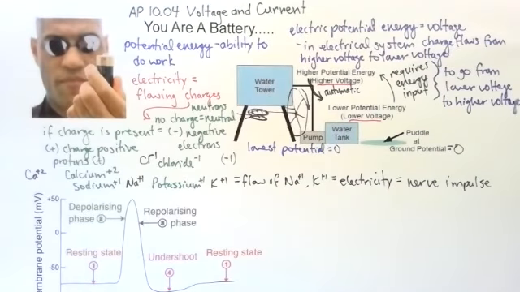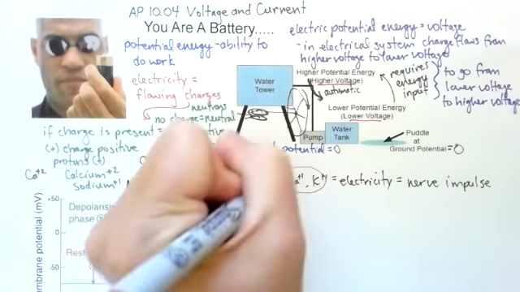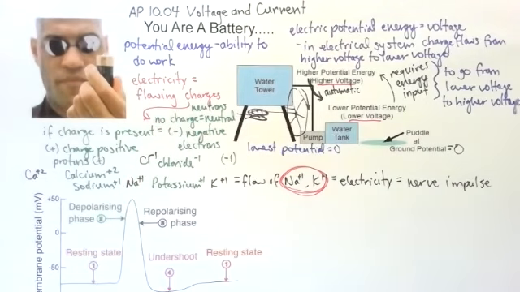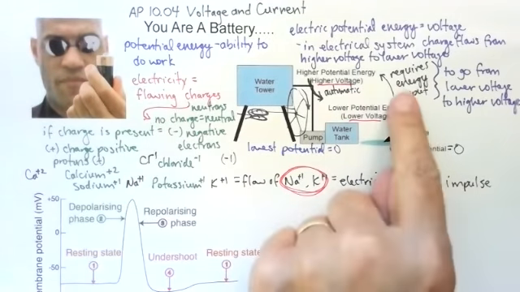And what is it that's flowing? In this case, it's sodium and potassium. Again, we talked a little bit about the role that calcium had in muscle contraction, but for our purposes, I'm going to circle this in red. We're talking about sodium and potassium flowing. And they're governed by these rules.